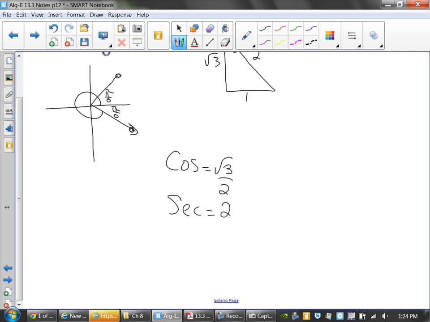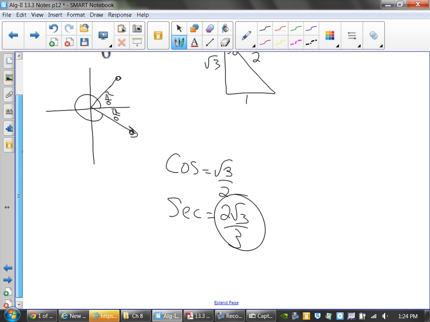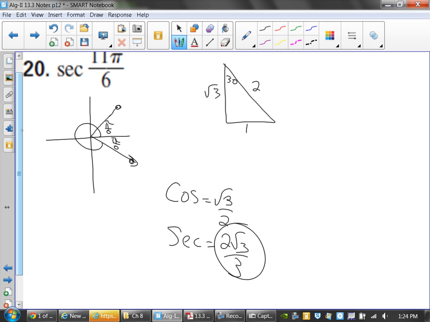Very good. It's 2 root 3 over 3. Now, since I'm placed in the 4th quadrant, is cosine positive or negative there? So therefore, what's secant? Positive. So your answer is 2 root 3 over 3.